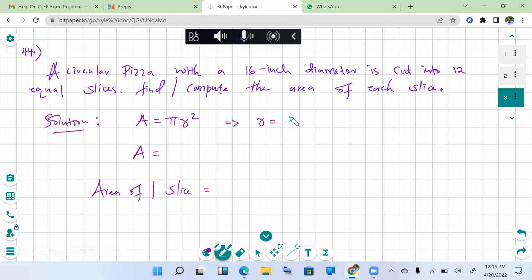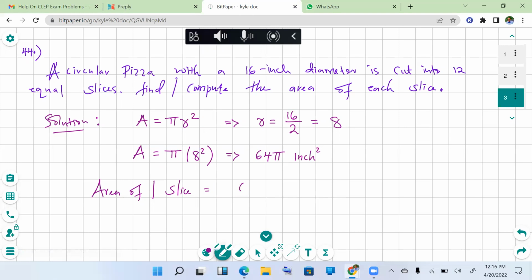Okay. So the radius is going to be 16 divided by 2, which is 8. And so the area is going to be pi multiplied by 8 squared, and this is actually 64 pi square inches for the area of the whole pizza.